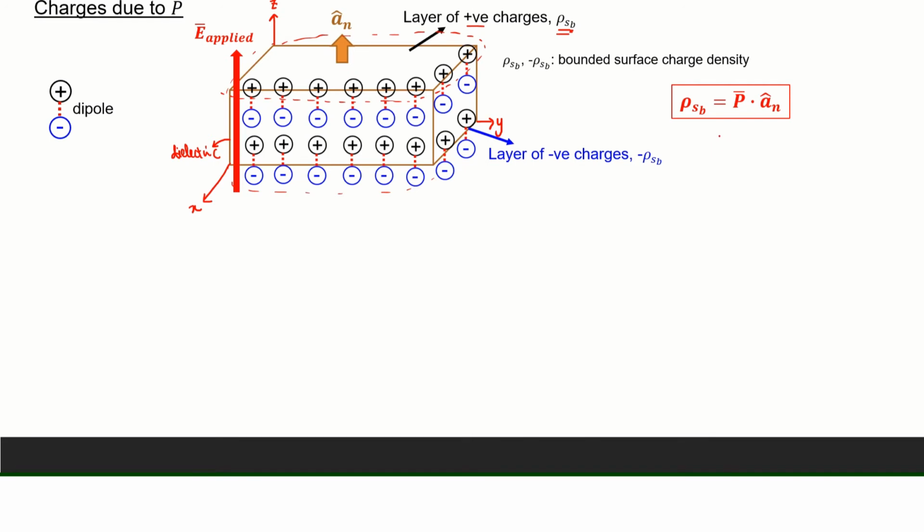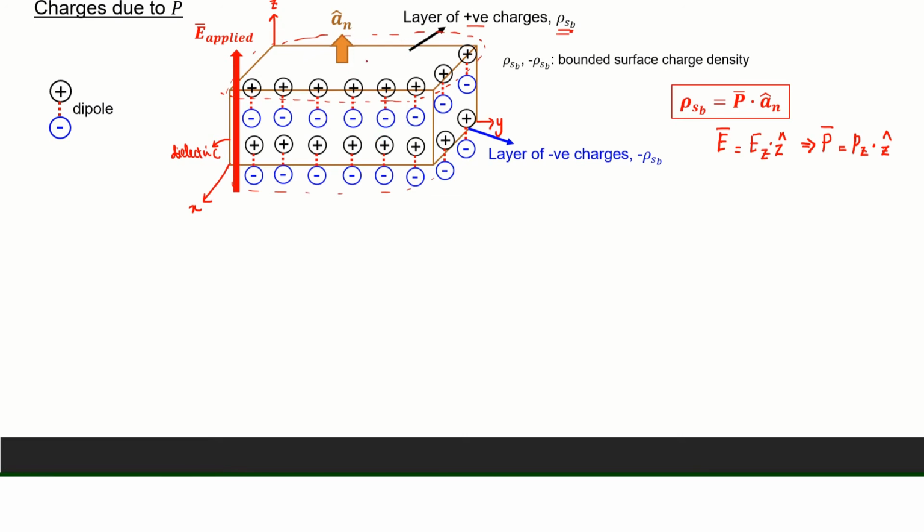Let's look here. Since E is in the z direction, our E will be Ez in the z direction, and the polarization will also be Pz in the z direction. Am I right? Now let's discuss this structure in terms of surfaces.